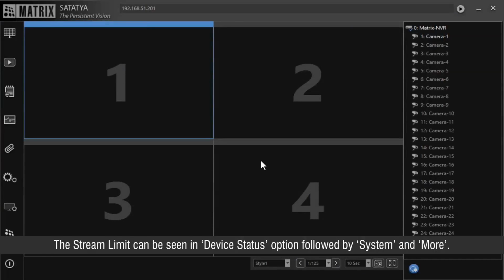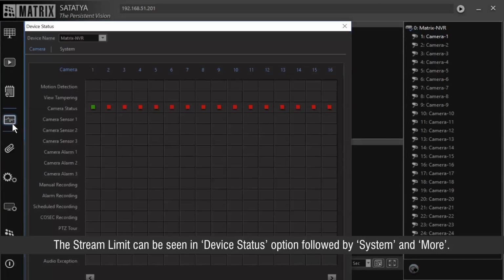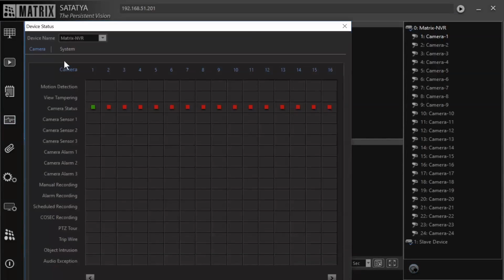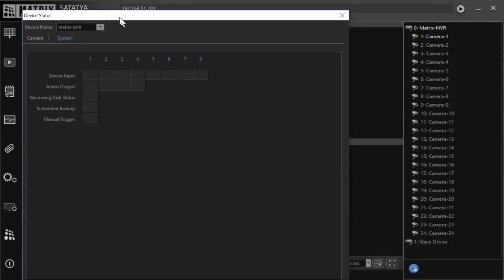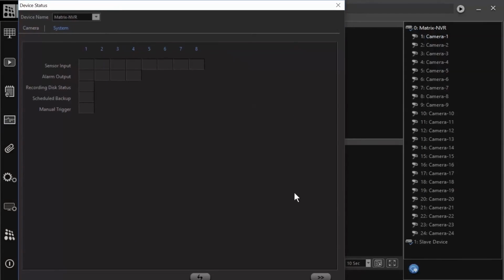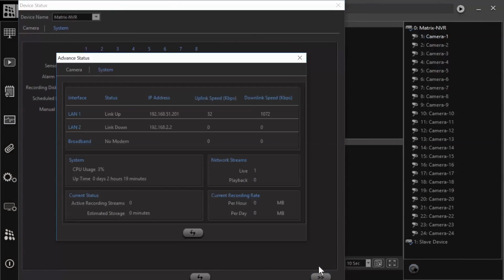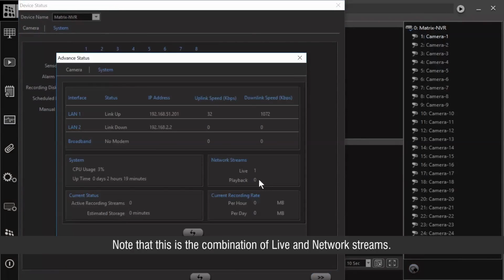The stream limit can be seen in device status option followed by system and more. Note that this is the combination of live and network streams.